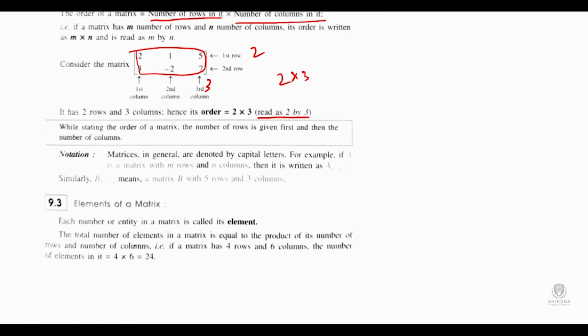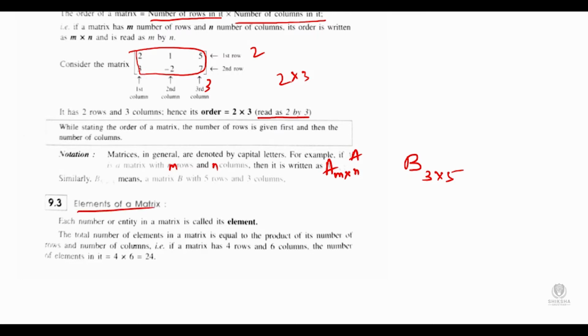For example, capital A is a matrix of m rows and n columns, and is written as capital A subscript m by n. Similarly, if a matrix is B and it has 3 rows and 5 columns, it is written in such a way.